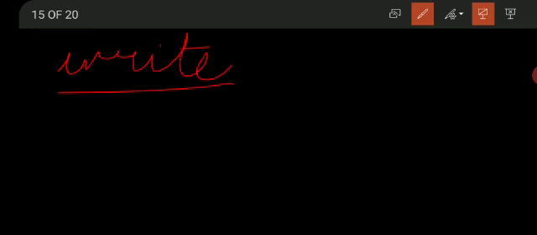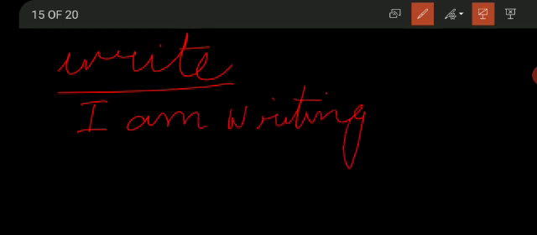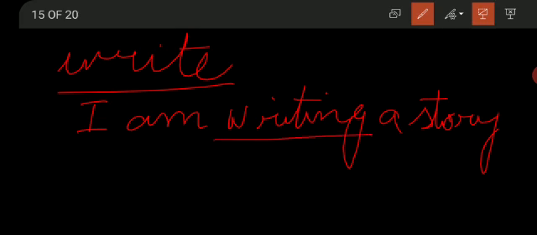Similarly, you can make sentences of write in transitive form and in intransitive form. I am writing a story. This is a transitive verb, writing, because here we have an object, a story.